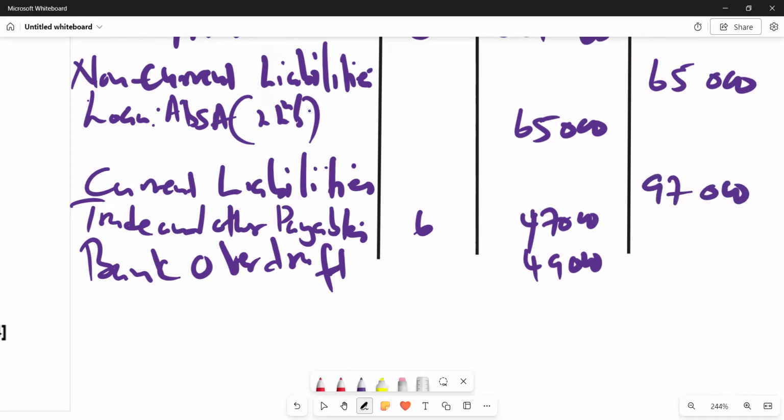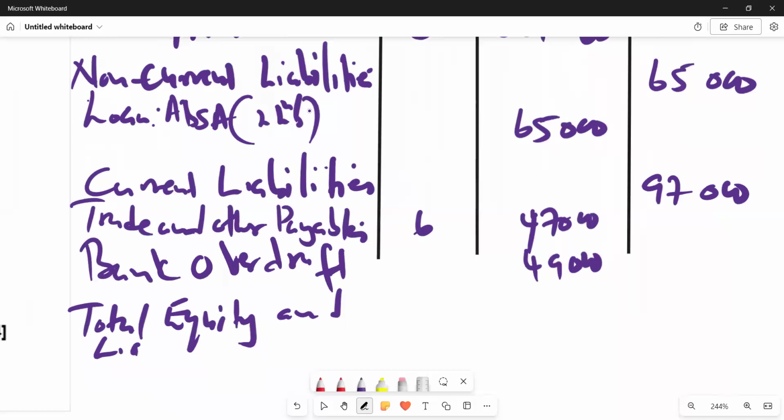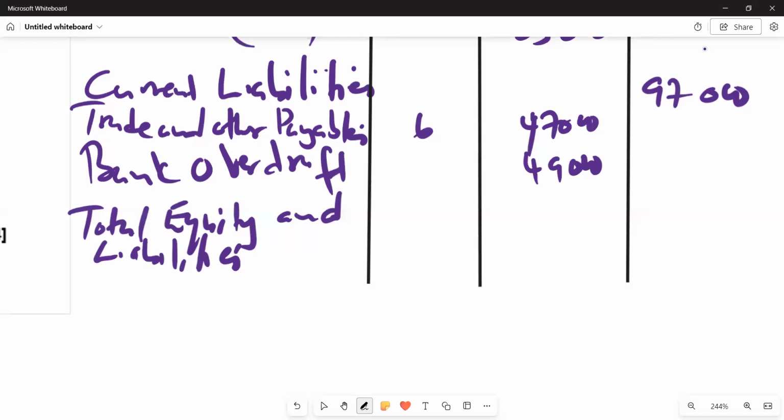And then obviously we need to get the total for total equity and liabilities. So that's the figure that we want now to calculate. So the total for equity and liabilities is going to come here as our total. We have the figures there that we're just supposed to add.